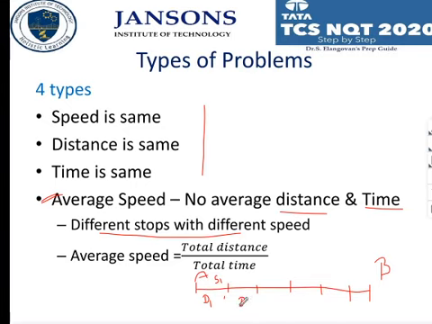Distance D2 is traveled at speed S2, and so on. Now they will ask what is the average speed of the bus. This kind of question is there, and it is very simple. Average speed is equal to total distance by total time.